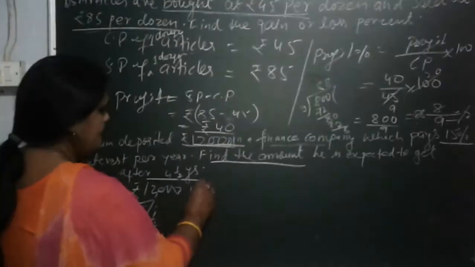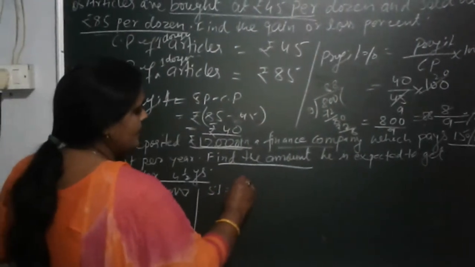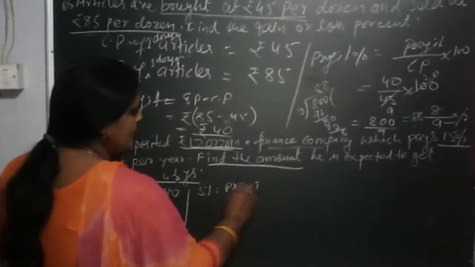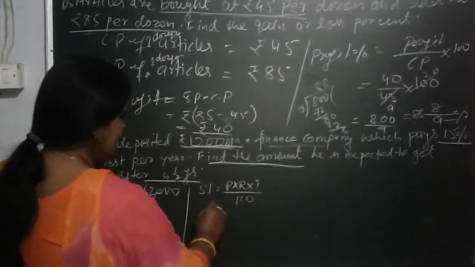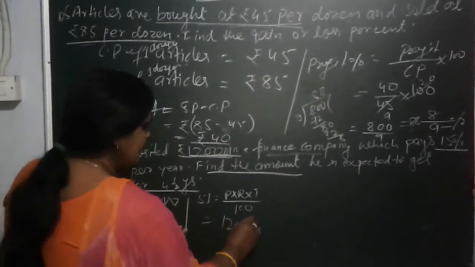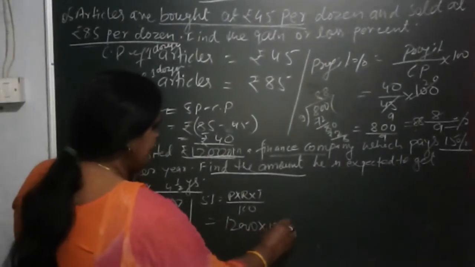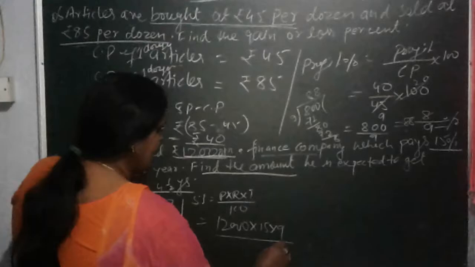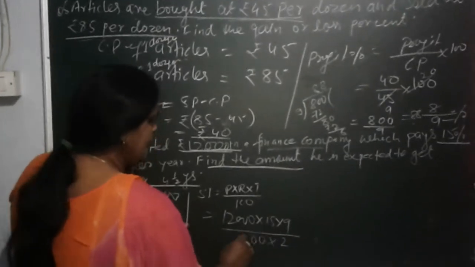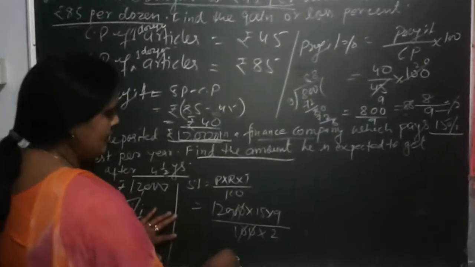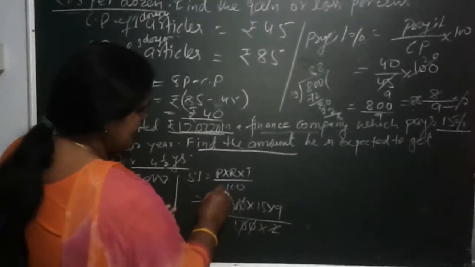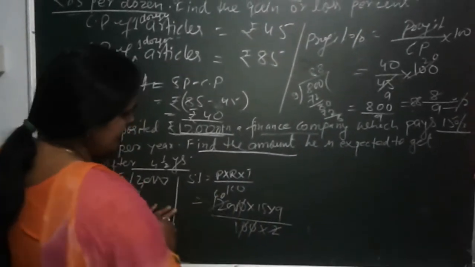Then simple interest is equal to, first find out P into R divided by 100, is equal to 12,000 into 15, 9 by 2, divided by 100. The zeros cancel. Again 2 6s are 12 and 60.